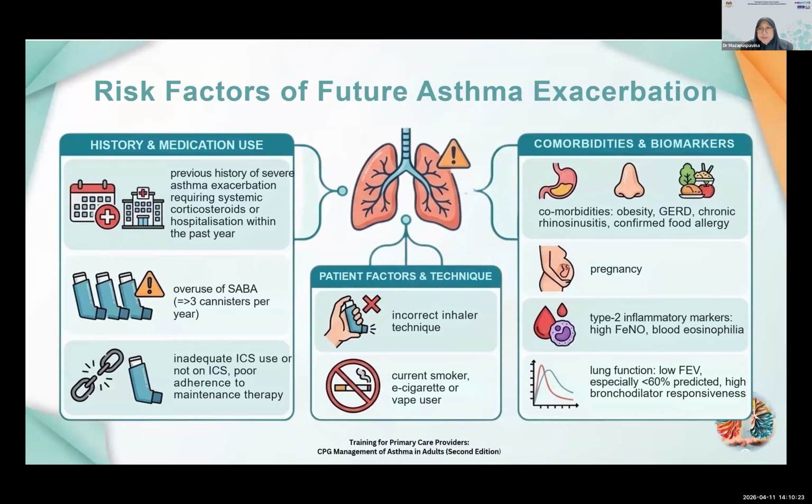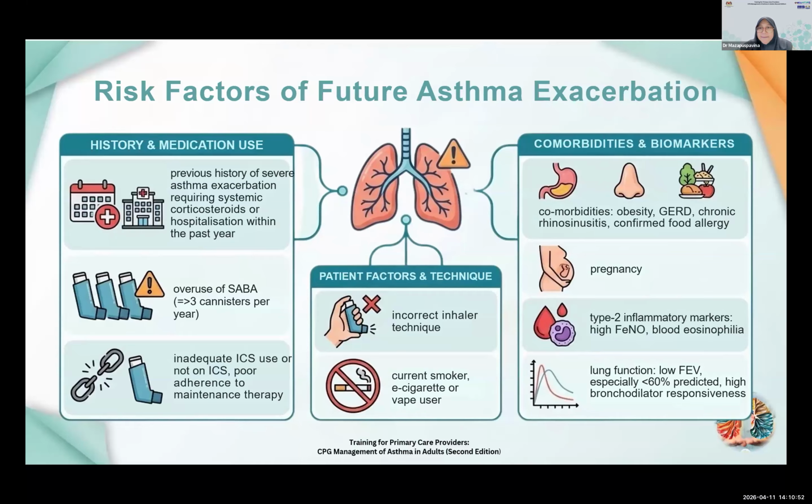Okay, pregnancy. Previously, we used to learn the 1/3 rule. If you are pregnant, 1/3 can be as usual asthma, 1/3 can have better asthma control, the other 1/3 can have worse asthma control. So pregnancy is another risk factor. And those with high T2 inflammatory markers, which means high FeNO and high blood eosinophils, have a higher risk.